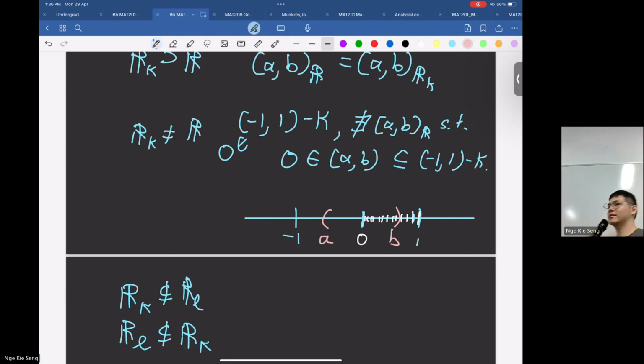Why is this true? Yes, Archimedean property, because you can consider this epsilon here, b minus a. For every epsilon, there exists an n such that 1 over n is less than the epsilon. So no matter how small you make this (a, b), I can always have some 1 over n inside this (a, b).